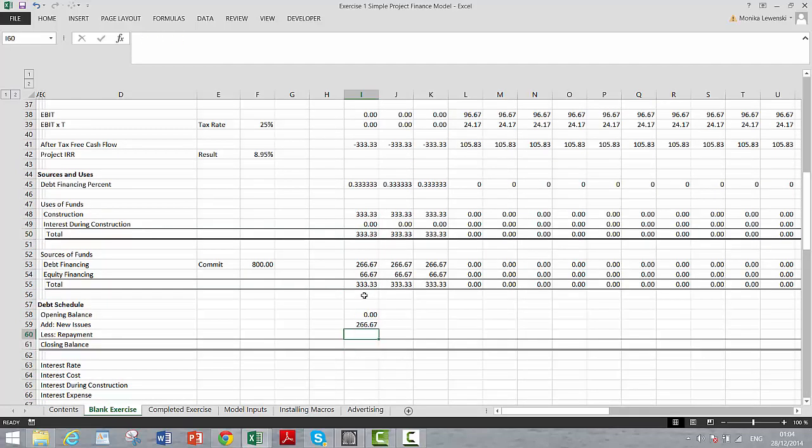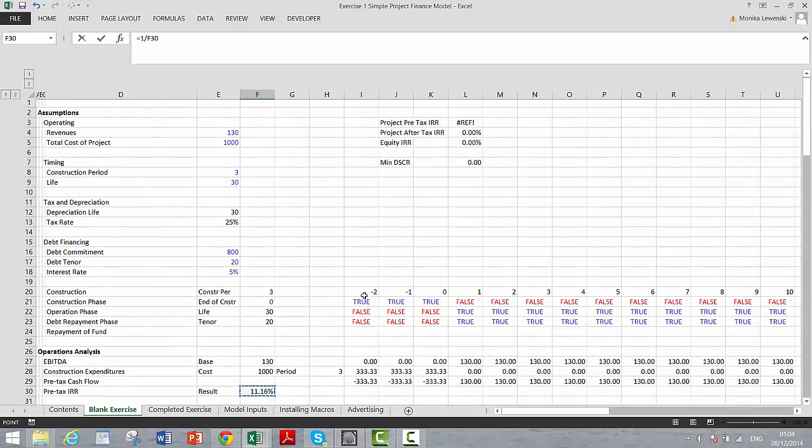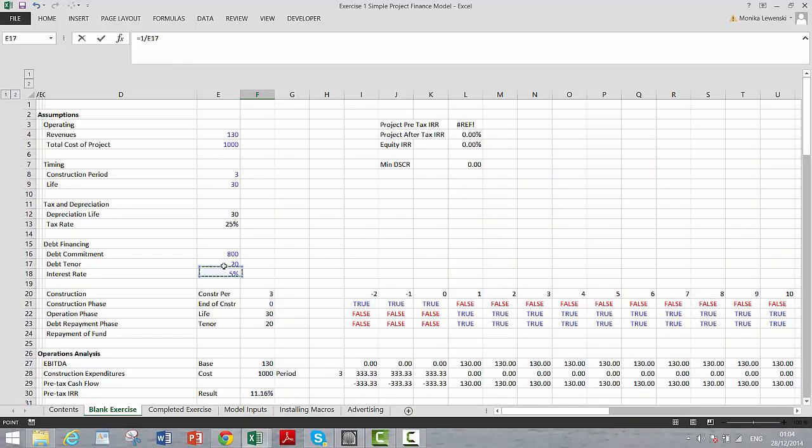Now for the debt repayment, why don't I put our repayment percent? This is going to be a really big issue, but for now, let's just make it 1 divided by the 20 years.